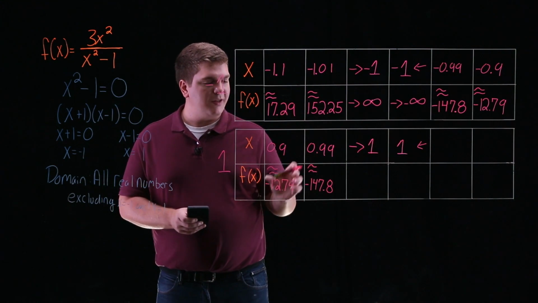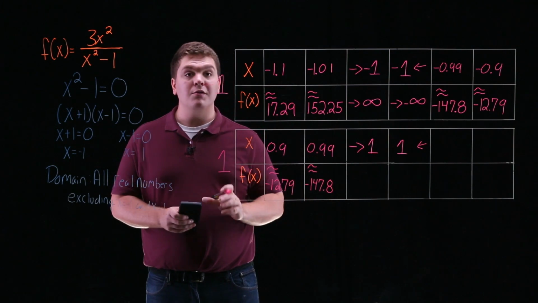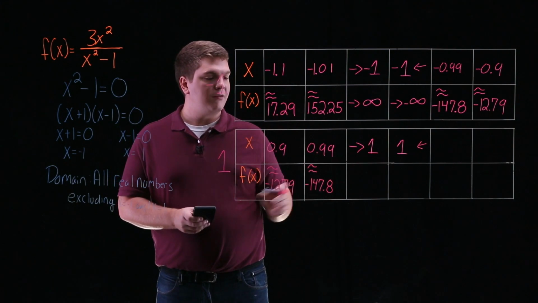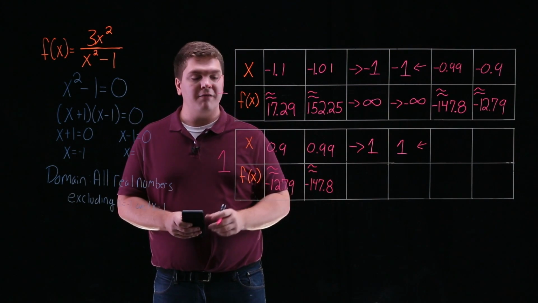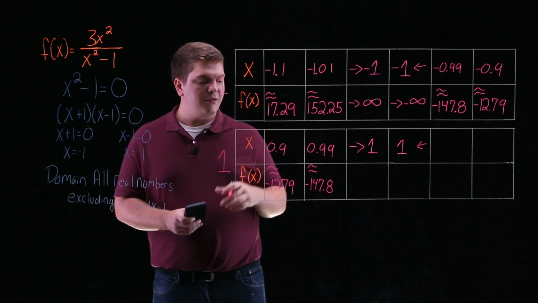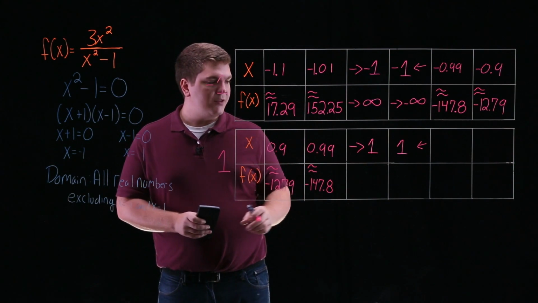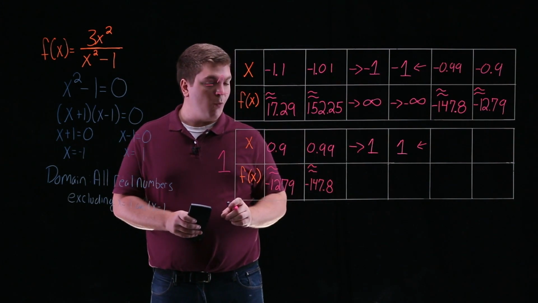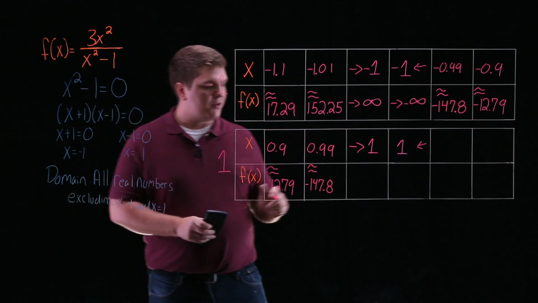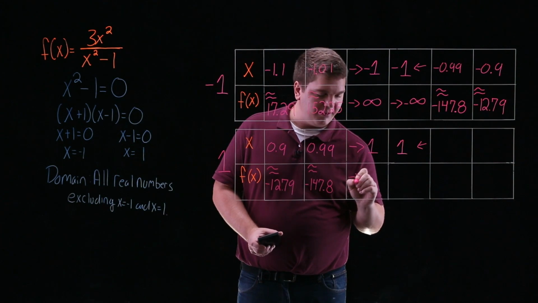So as x gets closer and closer to 1 from the left, our function values keep decreasing without bound. As x approaches 1 from the left, our function value approaches negative infinity.